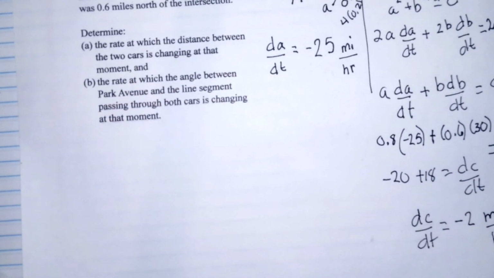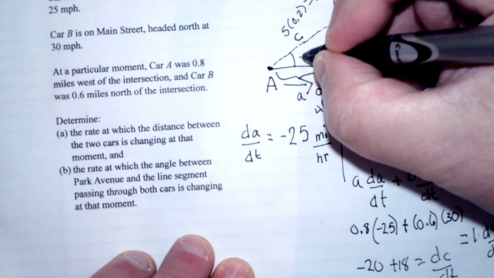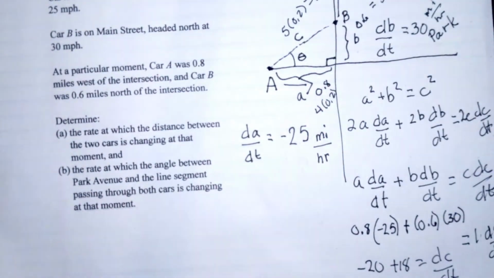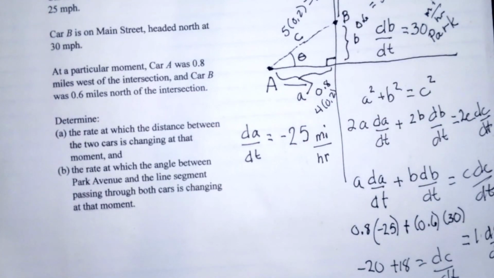Now we're asked to find the rate at which the angle between Park Avenue and the line segment passing through both cars is changing at that moment. So we're asked to find the rate at which theta is changing. Theta being the angle between the line segment of length C, the hypotenuse of the triangle, and the base of the triangle. So what we need is an equation that relates theta to some of the lengths of the sides.